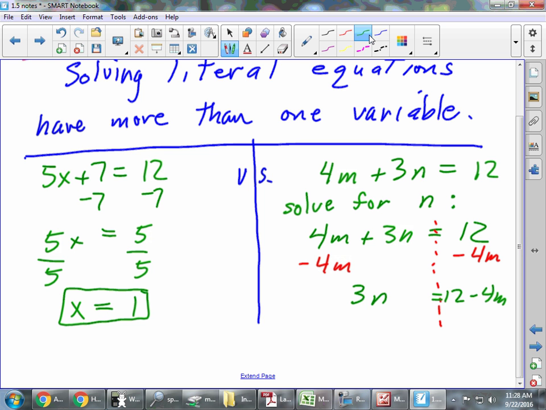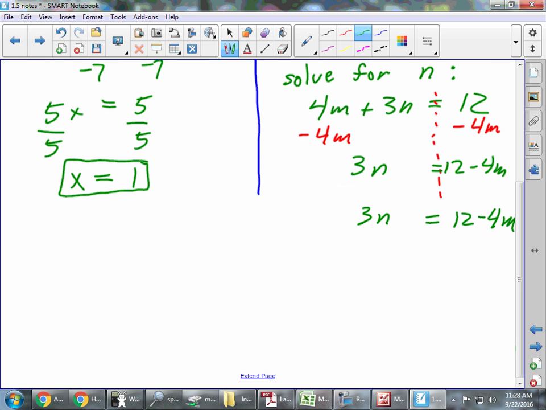Okay, so right now we're at 3n equals 12 minus 4m, and we're almost done. We're going to divide everything by 3. You can do it two different ways. You can divide the whole thing by 3, which is what I usually start with, or you can divide both of them by 3.